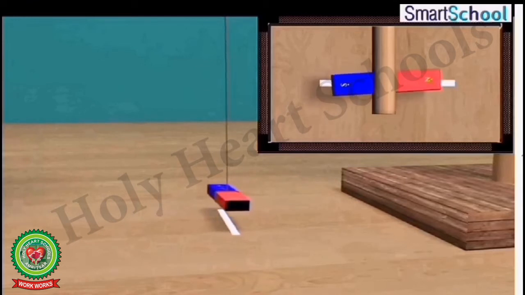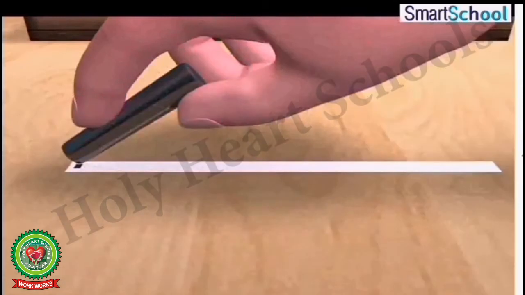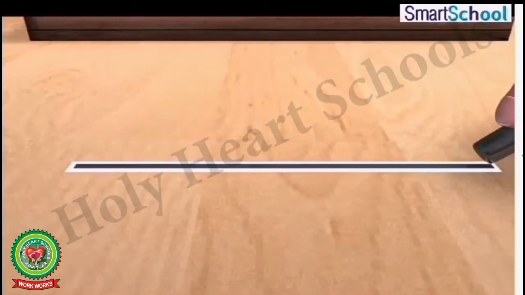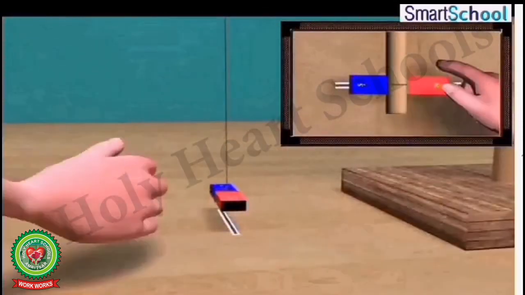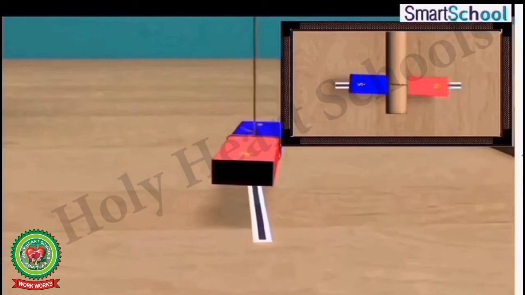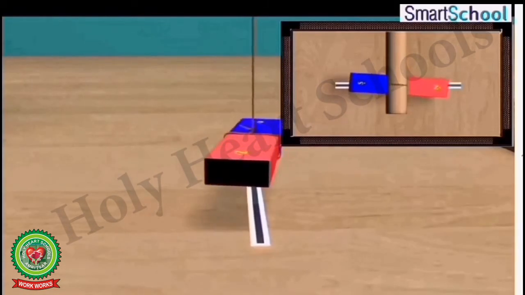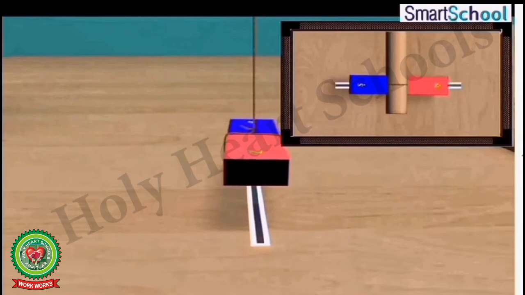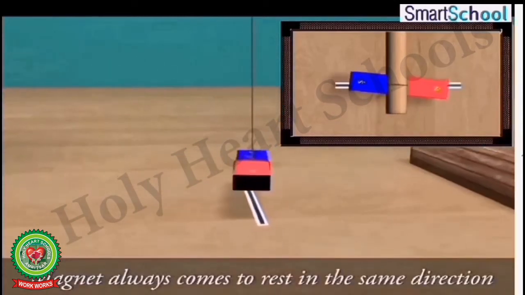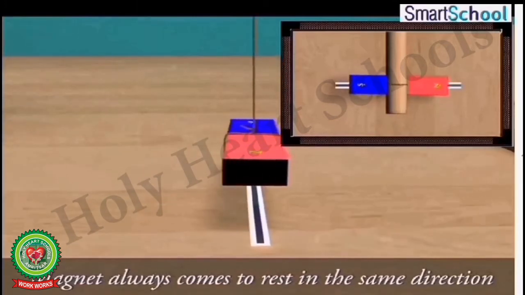The magnet comes to rest after making to and fro motion for some time. Again mark the position of its ends on the ground. What do you find? Rotate the magnet once again and note the final direction in which it comes to rest. We find that magnet always comes to rest in the same direction.